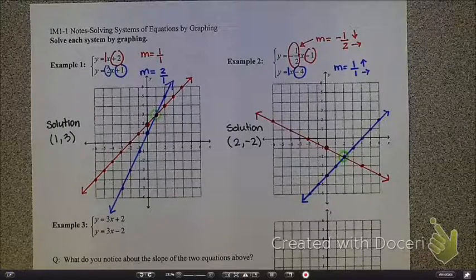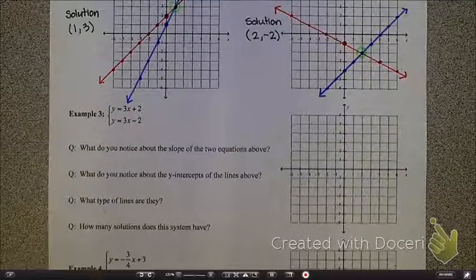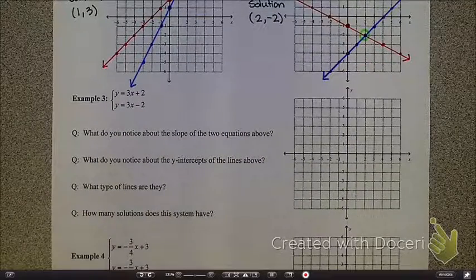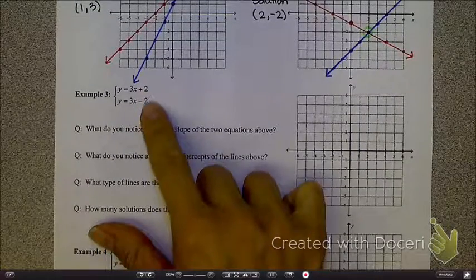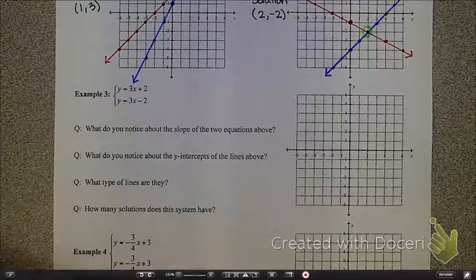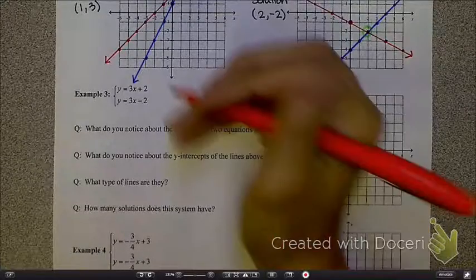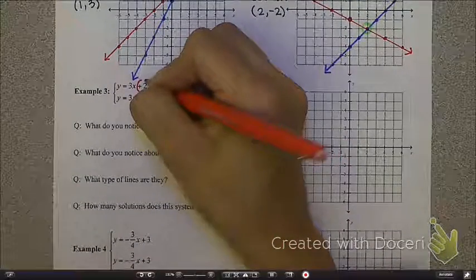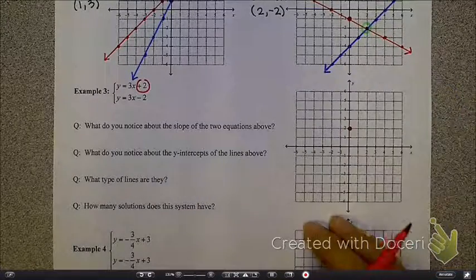Okay, let's move on to example 3. In example 3, we're going to graph these two lines, and we're going to see what the solution is. So let's take a look at the first line. The y-intercept is +2. So let's go up to the y-axis at +2 and put a point.